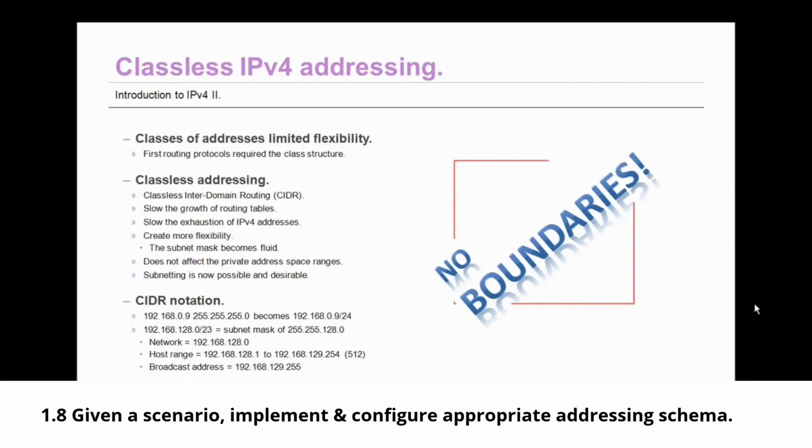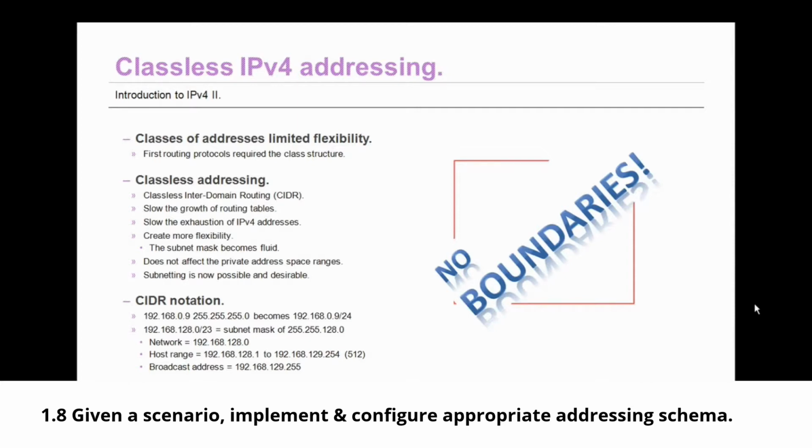It also slowed the exhaustion of IPv4 addresses. It also created much more flexibility. The subnet mask becomes fluid. It's not rigid with CIDR addressing. It does not affect the private address space ranges, though. Even though the subnet mask is now fluid, you still only have those range of addresses available. And with the introduction of classless addressing, subnetting is now possible and it's highly desirable.